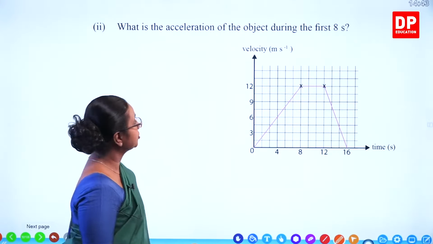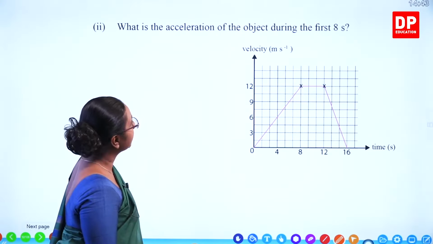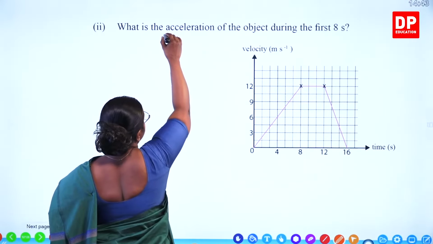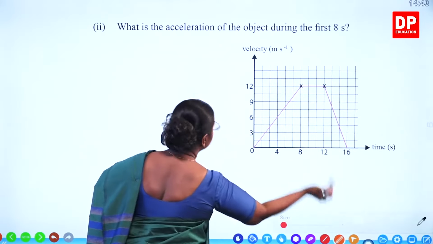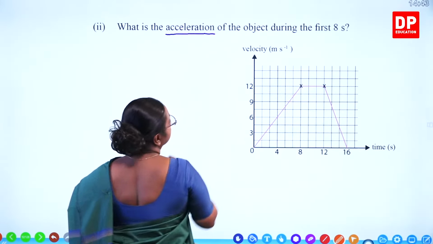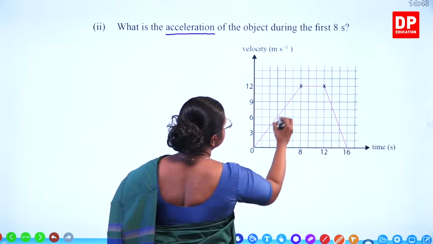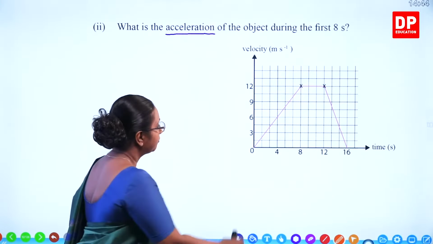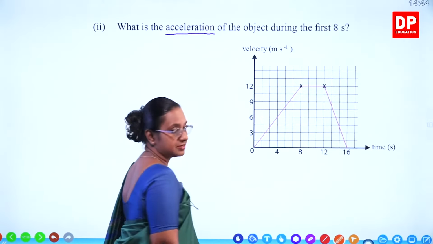Then the questions. What is the acceleration of the object during the first 8 seconds? Acceleration is the gradient of the first part of the graph from 0 to 8 seconds.